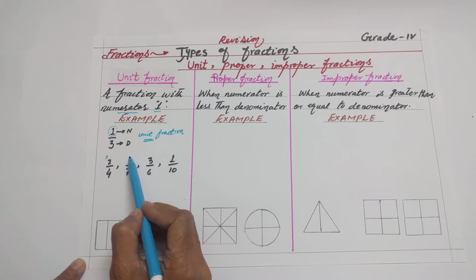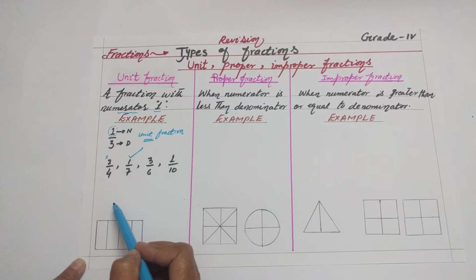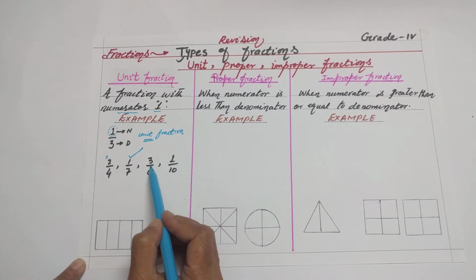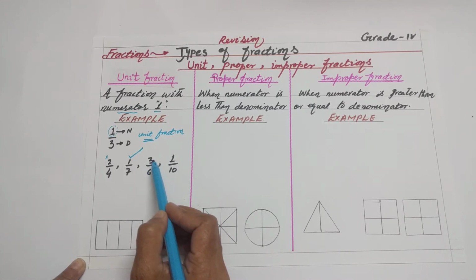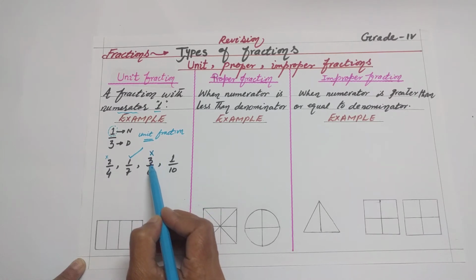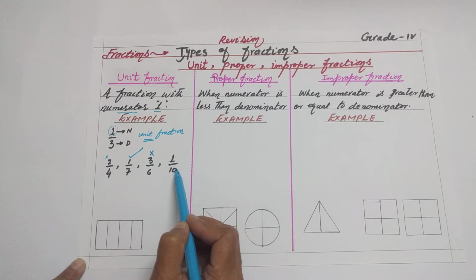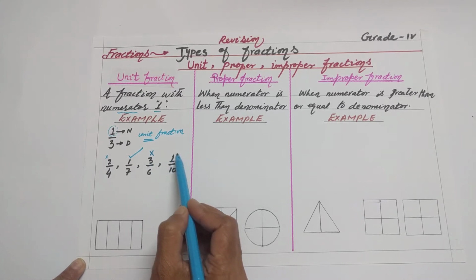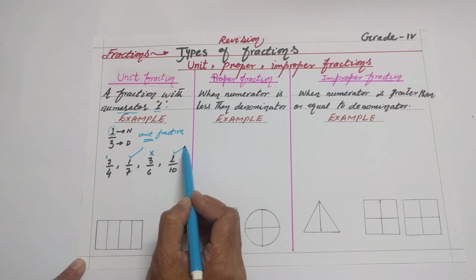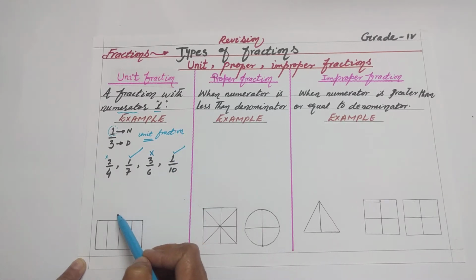It means 1 by 7 is the unit fraction. 3 by 6. 3 is the numerator, 6 is the denominator. So this one is not the unit fraction, because in unit fraction the numerator should be equal to 1, but here we have 3. Last one is 1 by 10. As the numerator of the fraction is 1, that's why this is called unit fraction.